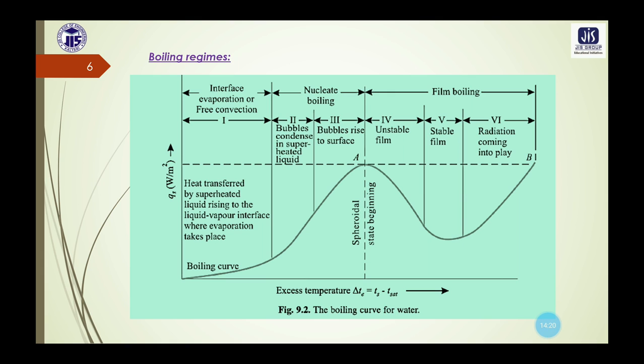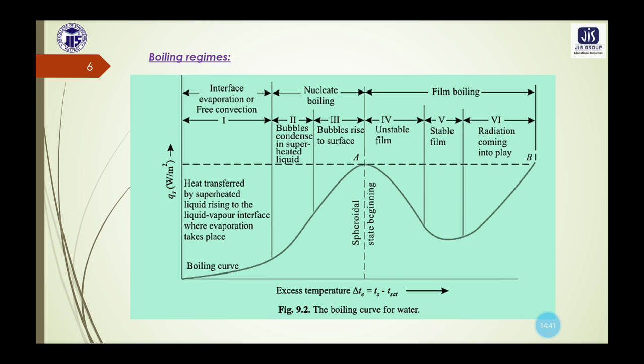So what happens in case of this interface evaporation? Here the evaporation occurs with no bubble formation. This interface evaporation exists in region 1, which you can see in this diagram 9.2. It is also known as the free convection zone.